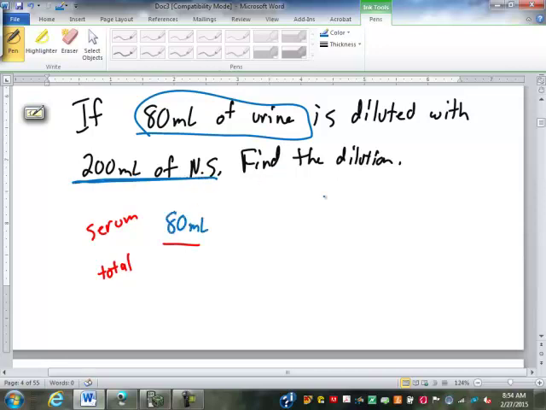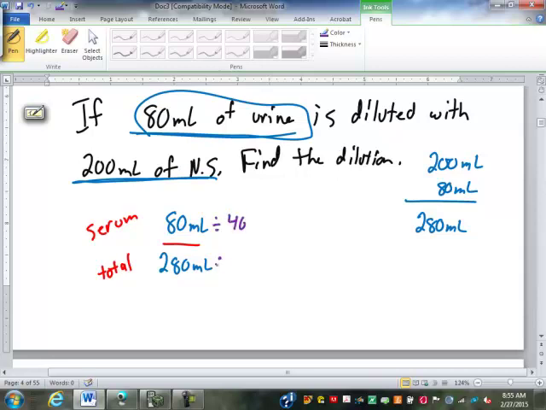So put in the 80 milliliters for our concentrate, the serum. 200 milliliters of saline will combine with the 80 milliliters of urine to give us 280 milliliters total solution. So that's what has to go in here. And of course now, both of those can be divided by 40. That gives me a 2 in 7 dilution.